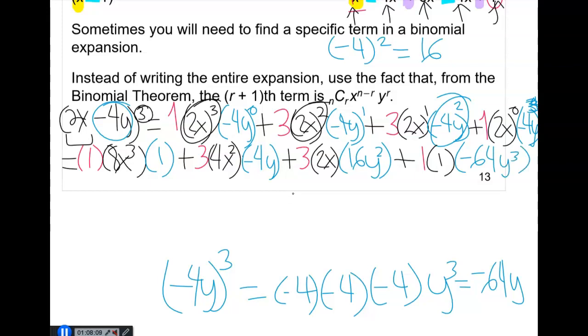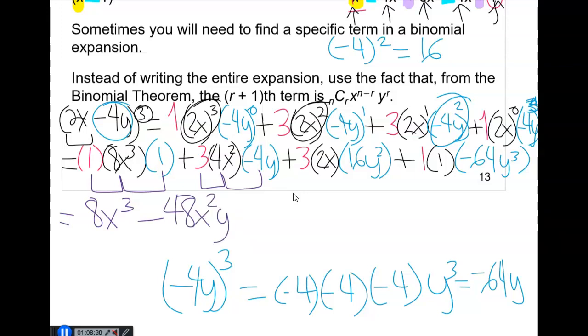So now we're going to simplify by multiplying our coefficients. So 1 times 8 times 1 is equal to 8. And for our variables, we have x cubed. Then 3 times 4 is 12, times negative 4 is negative 48, x squared y. The next one will be 3 times 2, which is 6.